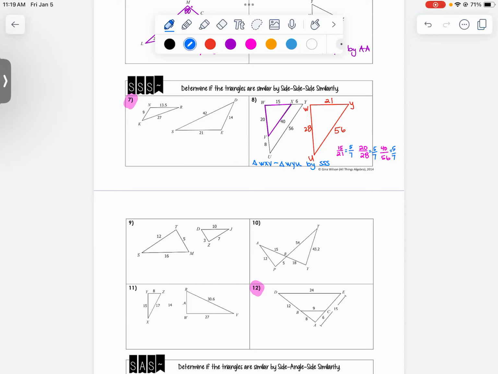Brady got 7 is yes. He thinks. Only do 7 and 12.